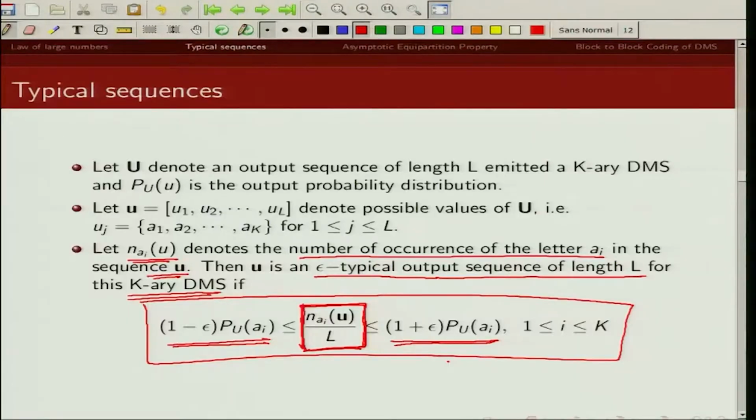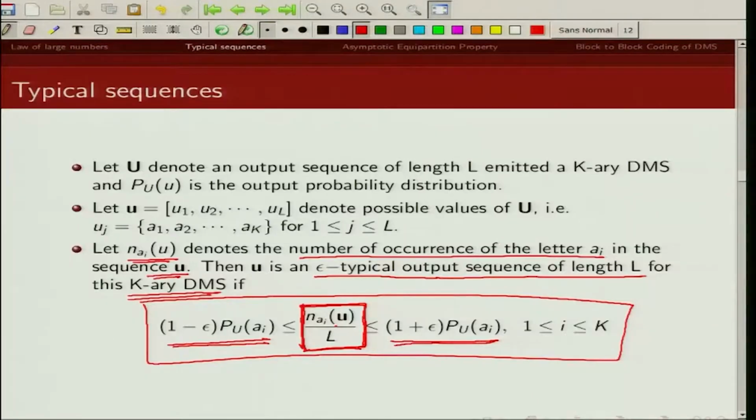So if your L is large enough, then in a typical sequence what you would expect is that the fraction of the time Ai is appearing in this sequence of length L should be close to the probability of occurrence of Ai, and this should hold for all the K-ary alphabets.